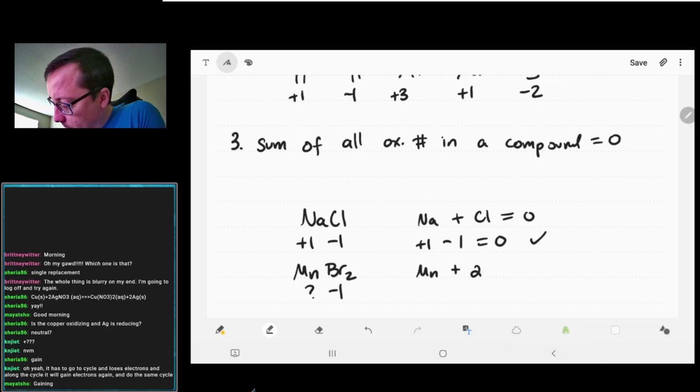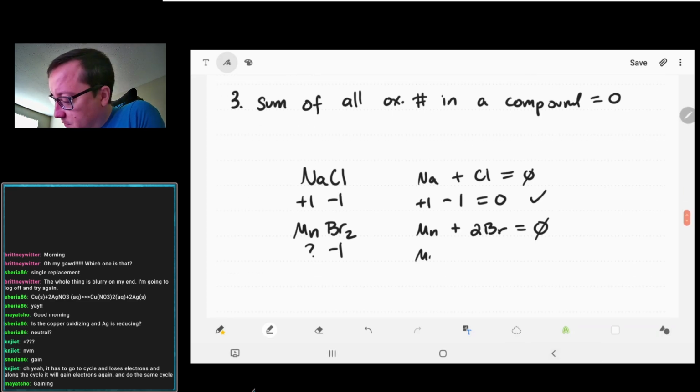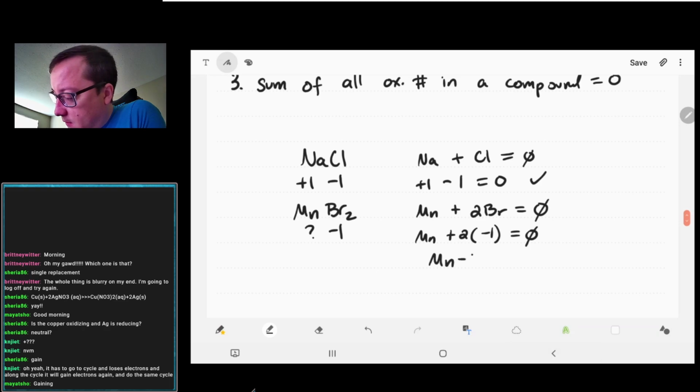So we know that manganese, I'm just going to make the zeros a little bit more distinct because we're going to use oxygen a lot when we're talking about these, and I don't want to get us confused with O versus 0. Okay, so even if we don't know the charge of manganese, we can figure it out. So manganese -2 equals 0, so therefore manganese must be +2.